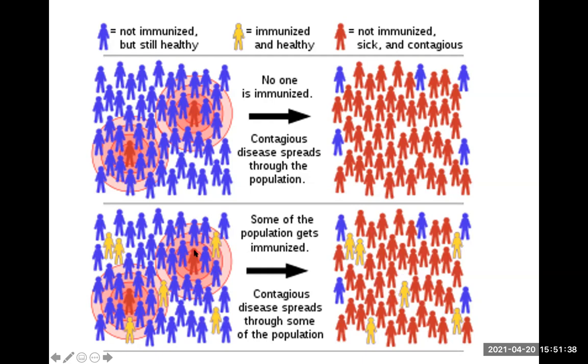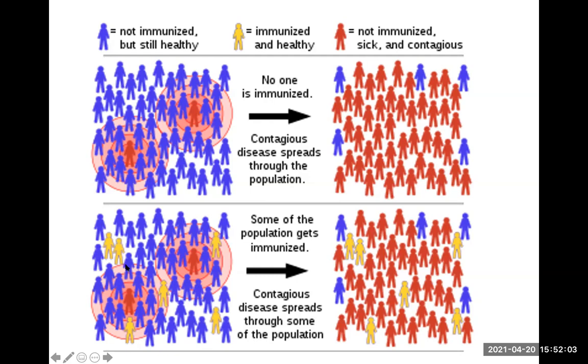This is why, for instance, with our current COVID vaccine, it's been a slow process, and we're still in the process of reaching herd immunity, because we started out with the oldest group of the population, 75 and over, and then went down to 60 and over, right?